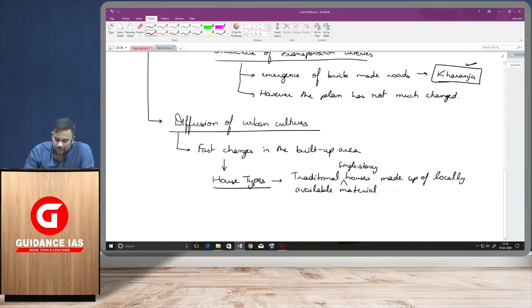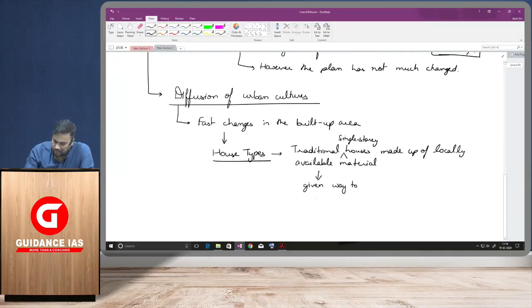Single story houses made up of locally available material have given way to modern multi-story houses made up of bricks and cement.